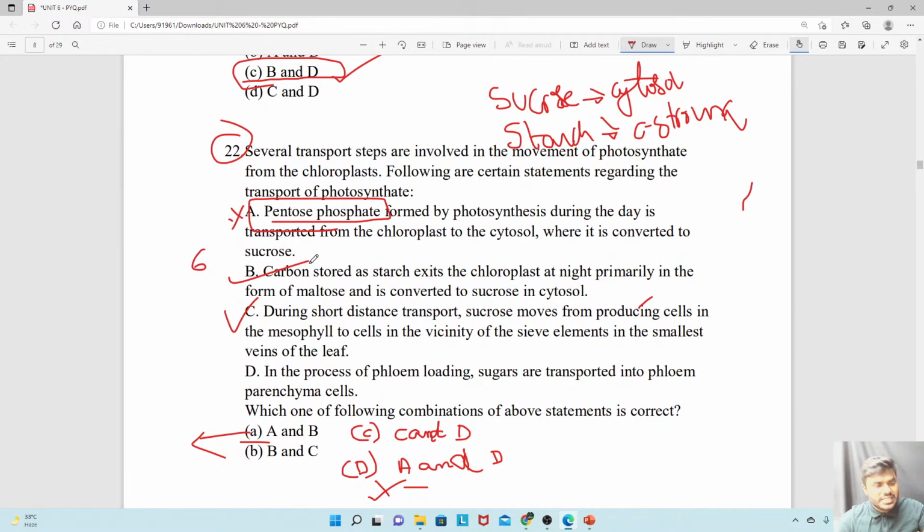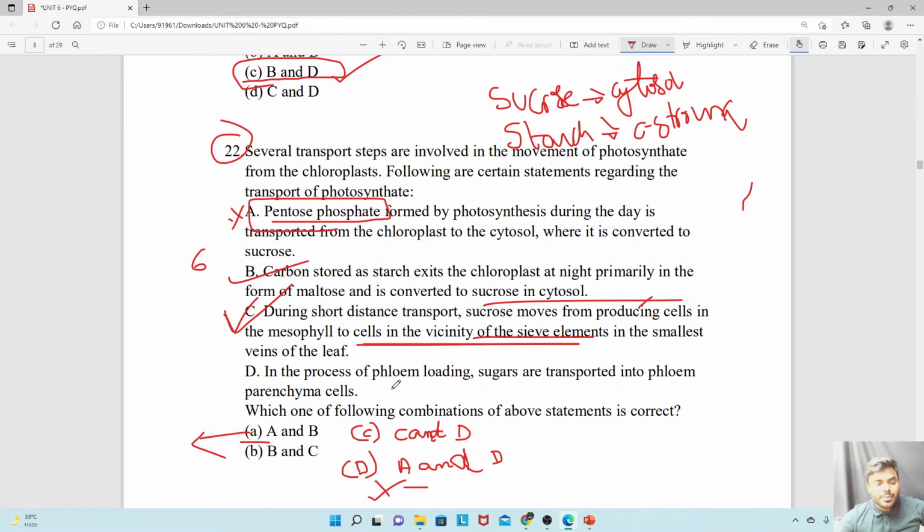Even if you feel C is wrong, you can easily answer C with the B statement. B is absolutely true, where sucrose is produced in the cytosol only. Option C is true, friends. The sugars will be passed into the sieve elements of the small veins. Don't get confused with that. C is the right statement. These are the exact lines of the book.